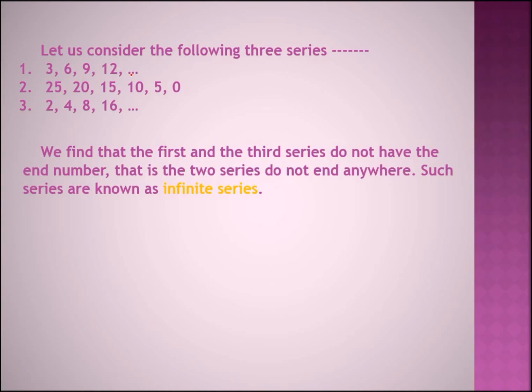This implies that we do not have any last number for these 2 series. These 2 series will continue forever. It will never end. Such series are known as infinite series. That is the first one, 3, 6, 9, 12 and so on, as well as the third series 2, 4, 8, 16 and so on. These 2 are known as infinite series.